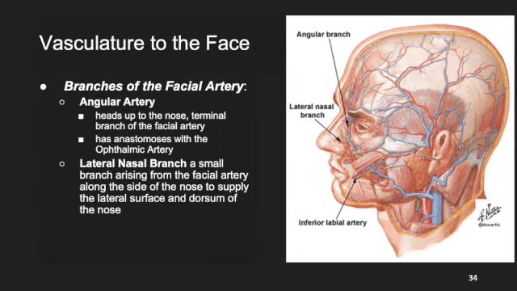Looking at other branches off the facial artery, obviously we're going to have something called the angular artery, which is just going to angle up towards the nose. And it's also going to anastomose with the ophthalmic artery. And there's also a very small branch called the lateral nasal branch. And that's going to come off the facial artery and it's going to go along the side of the nose.